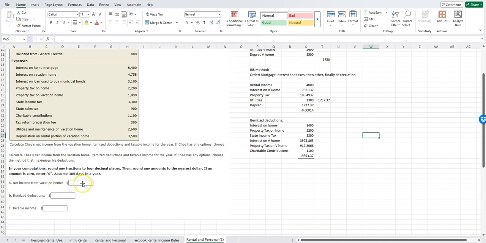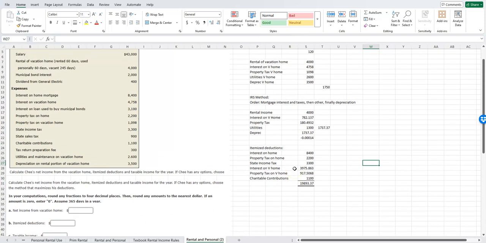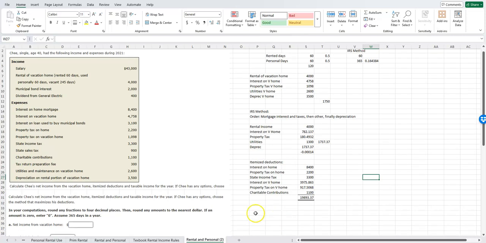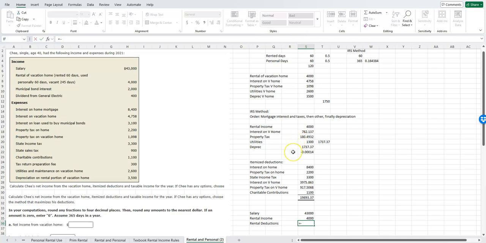So my net income from vacation home is 0. My itemized deductions is $19,893. And so my taxable income, we're going to have to do a calculation for that, is going to be my salary, which is $43,000. Then my rental income, which is the $4,000, minus my rental deductions, which are $4,000, because we had to take all of them to get to a 0.